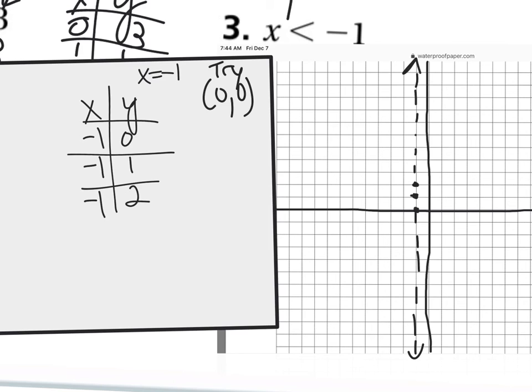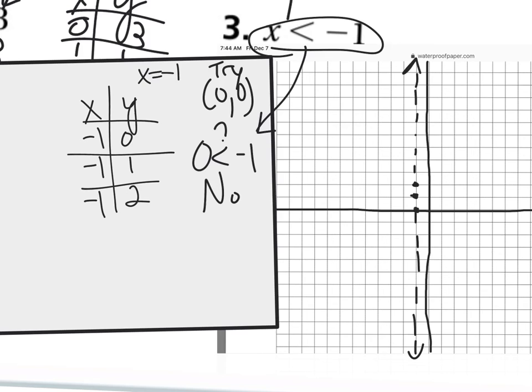So if we try that in our inequality, we've got 0 is less than -1. Is 0 less than -1? And the answer is no. 0, 0 would be to the right, and that didn't work, so we would shade everything to the left of the line. And again, it kind of makes sense if you think about it. To the left of that line, all of our x values are less than -1 for any point on that side of the line.